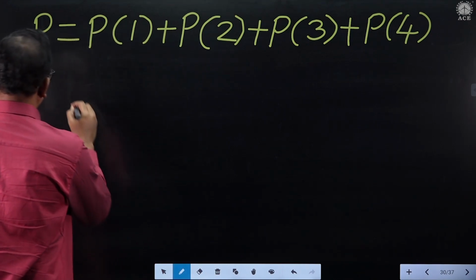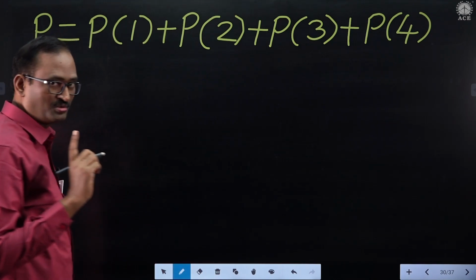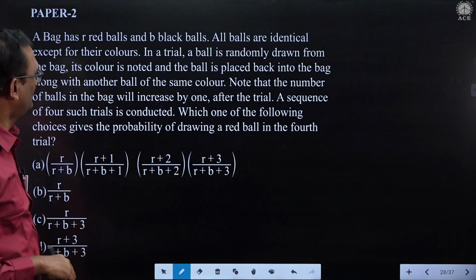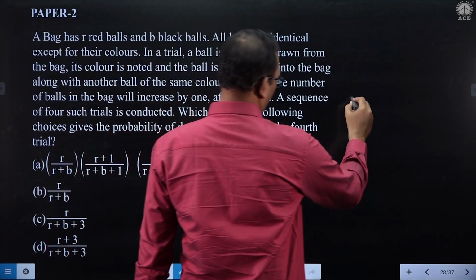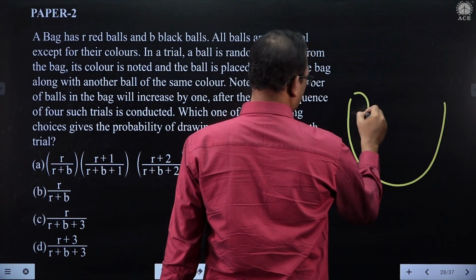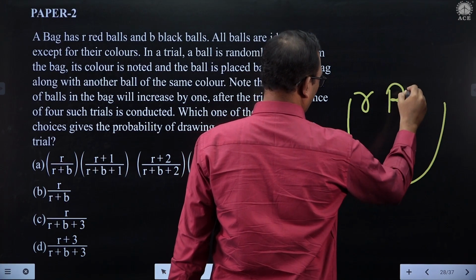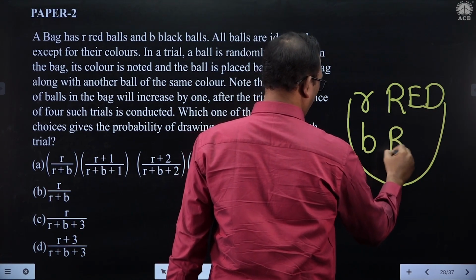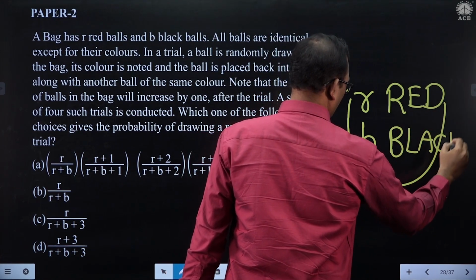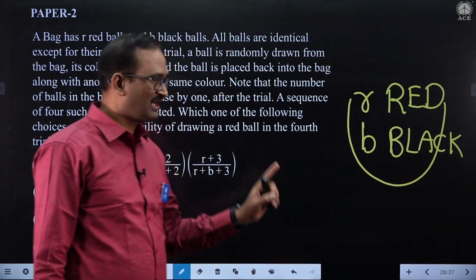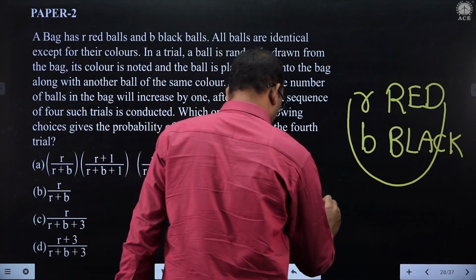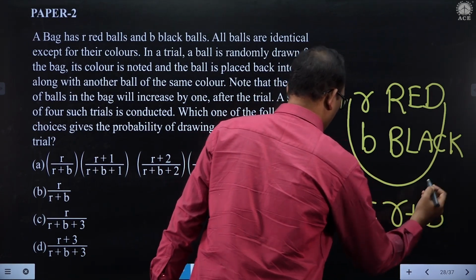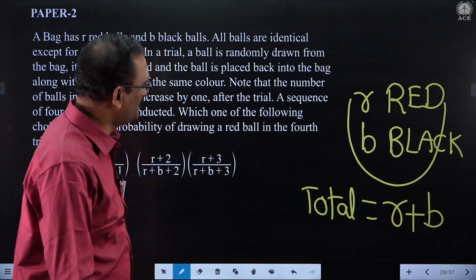That is equal to, remember, total number of balls. Please remember, a bag contains R red balls, B black balls. So total number of balls is R plus B. The first chosen ball is a red ball.